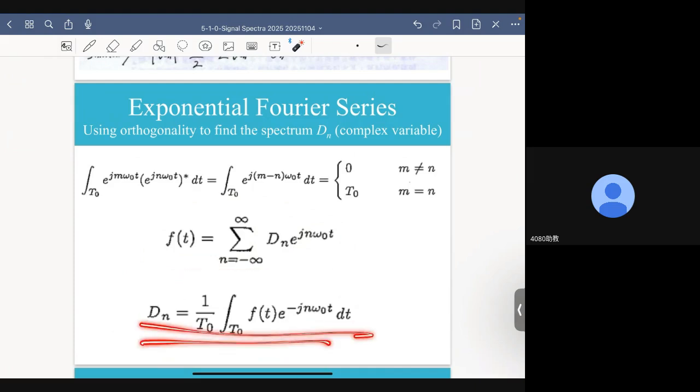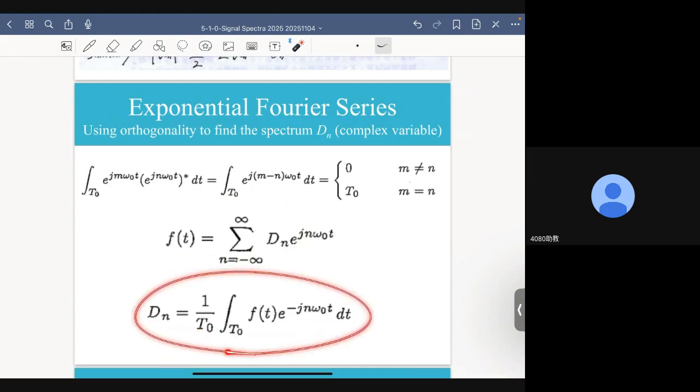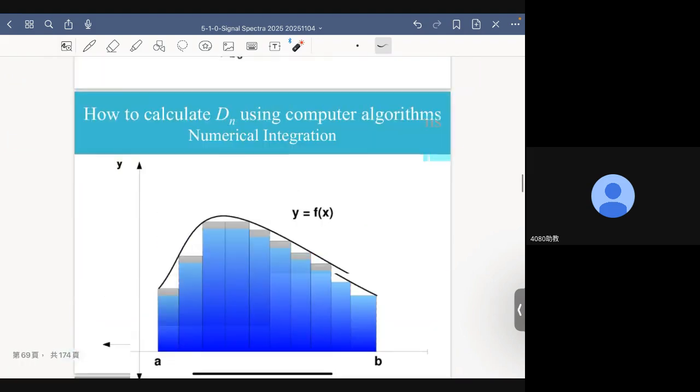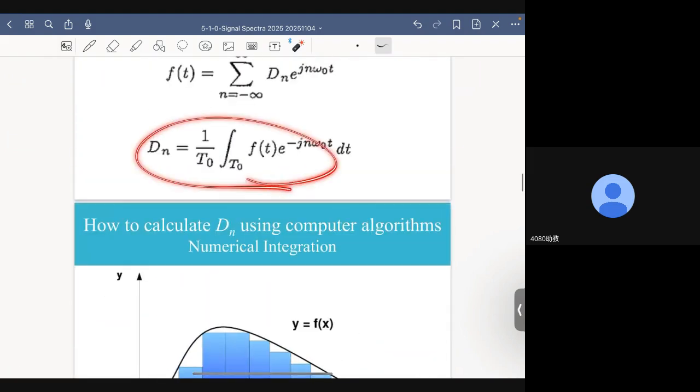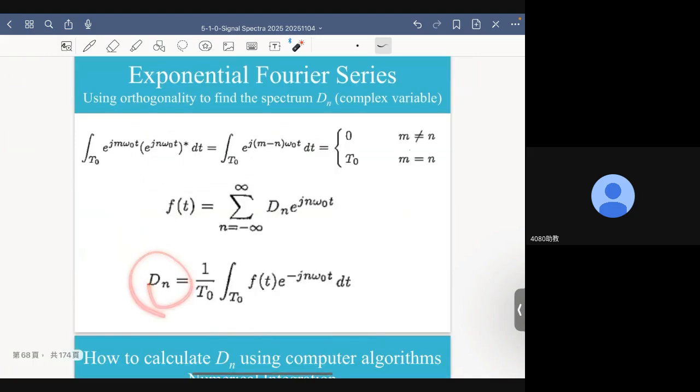But the structure, the configuration of this equality is actually very, very similar to the formulas of Fourier coefficients. Now, the point here is that determining Dn is important, because it represents the frequency content of the signal.